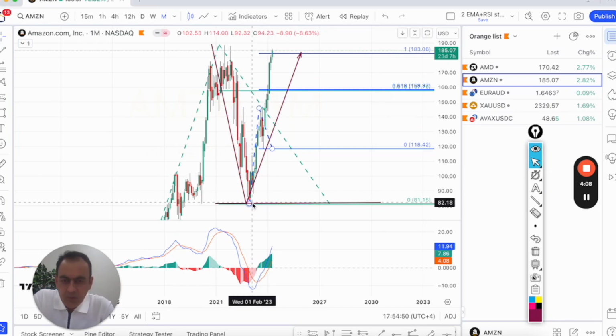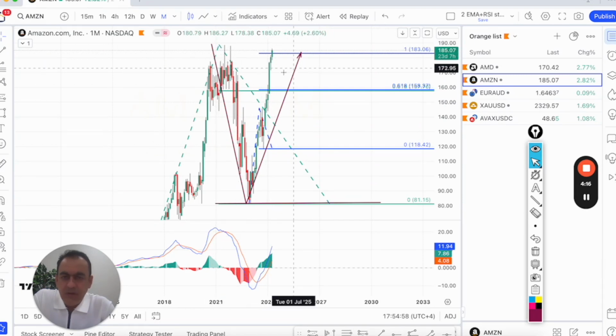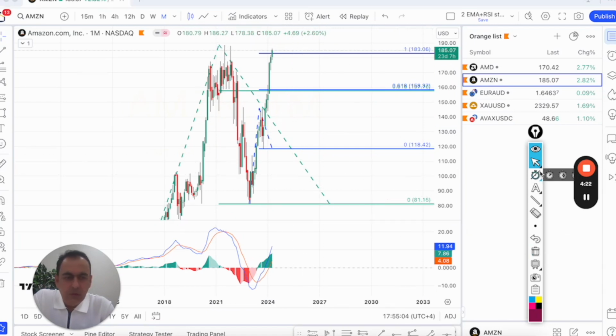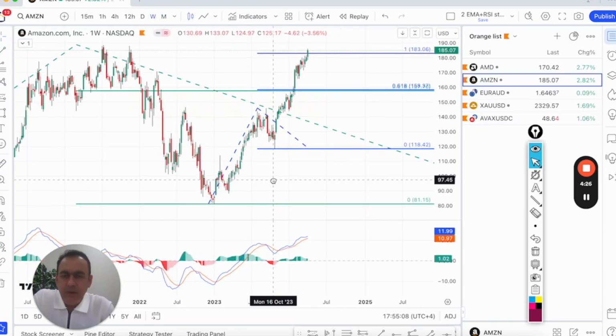So the low was formed in 2022, and then it has risen and given a V-shaped recovery. Now it is almost at the previous high level. So what I've done, I've gone to the lower time frame, that's weekly, and I've applied fib extension again in the bullish direction.